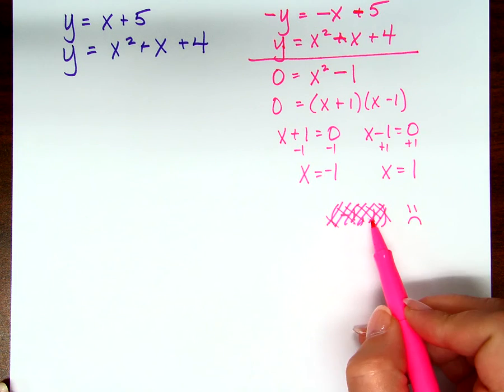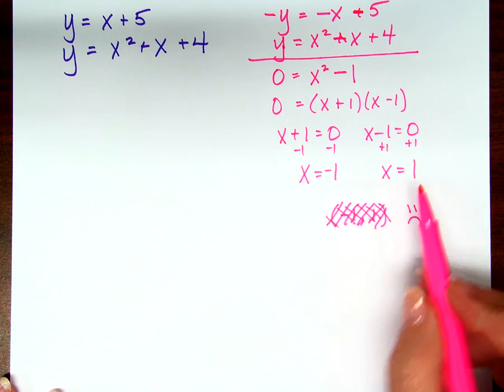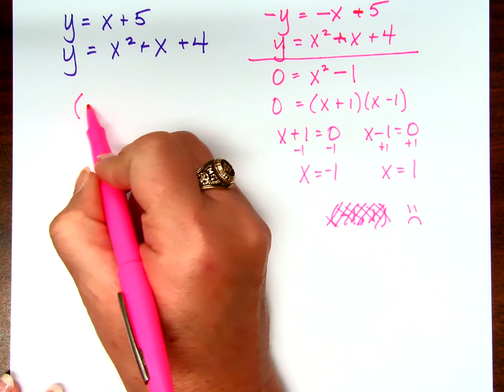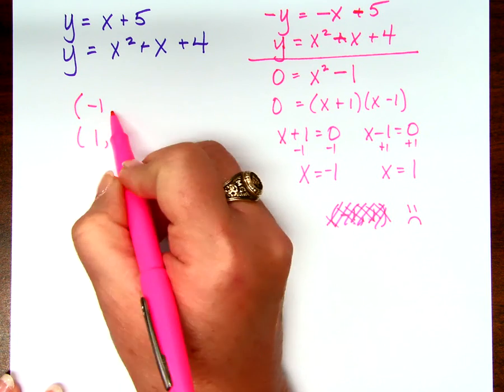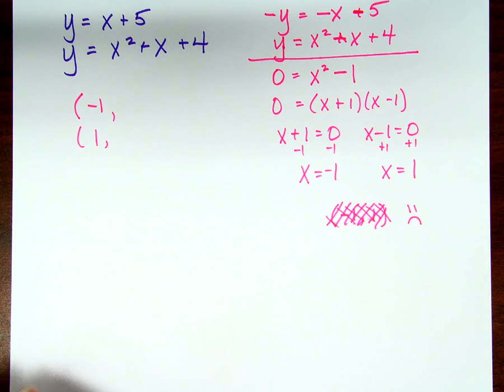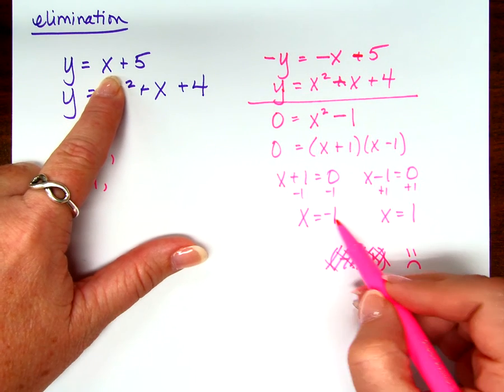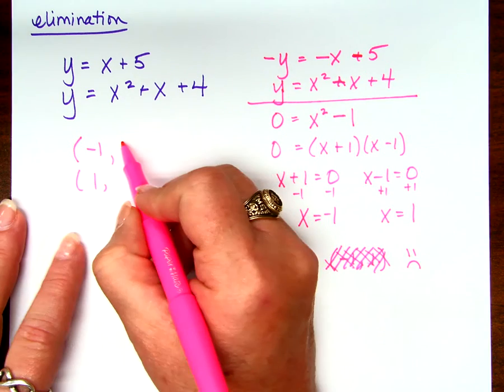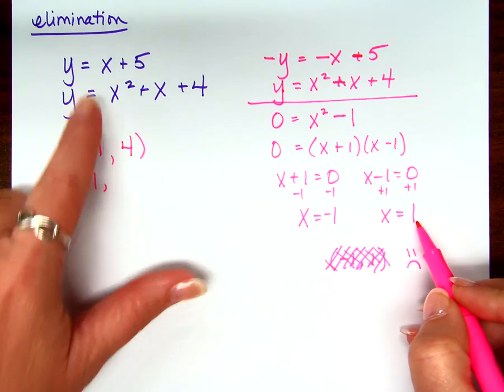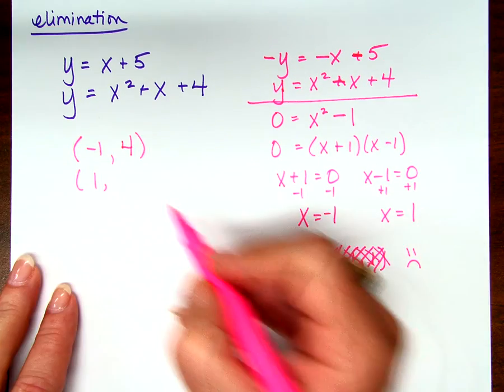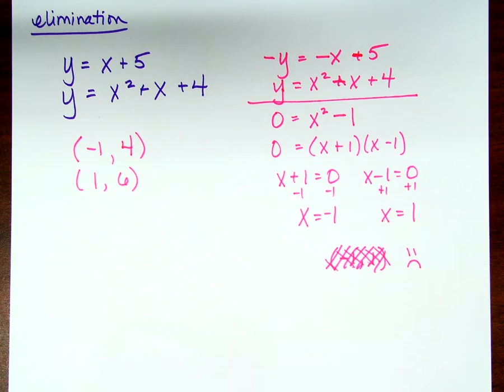Because this is x and this is y. These both say x. So what does that tell us? Those are our x's, and we have to go find our y's. We're going to go find them the same way we did over here, right? Negative 1 plus 5. 1 plus 5. 6. You okay? Do you feel any better about this?